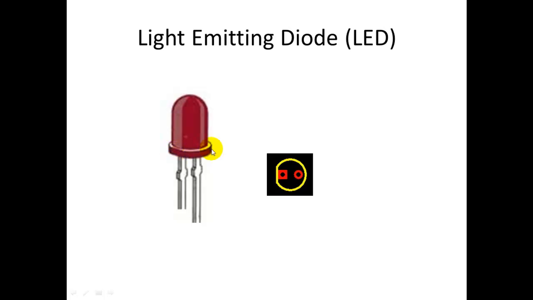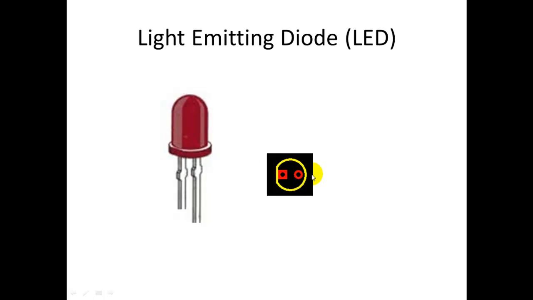In other words, the ring is nice and smooth all around, except on the side which is opposite to the cathode, where it has been flattened a little bit. So that's an indication, both visual and tactile. You can actually feel with your finger that it is flat, indicating that this is your cathode, or the negative. The longer one is the anode.